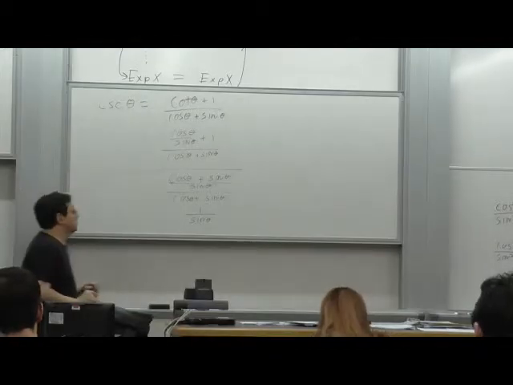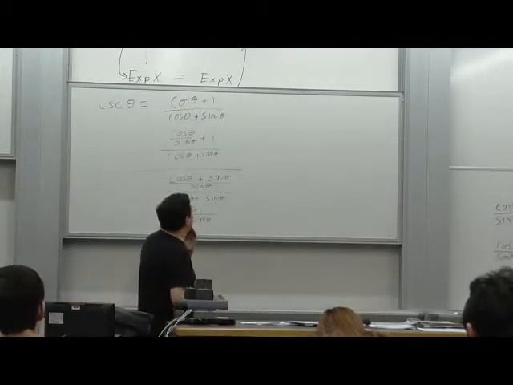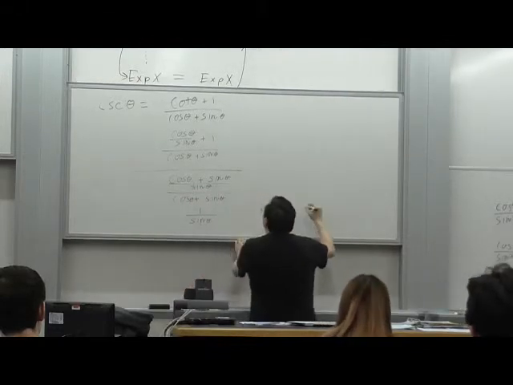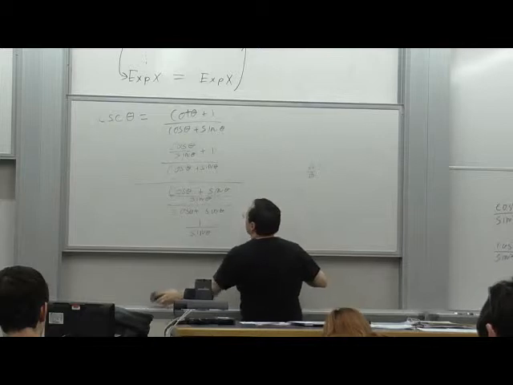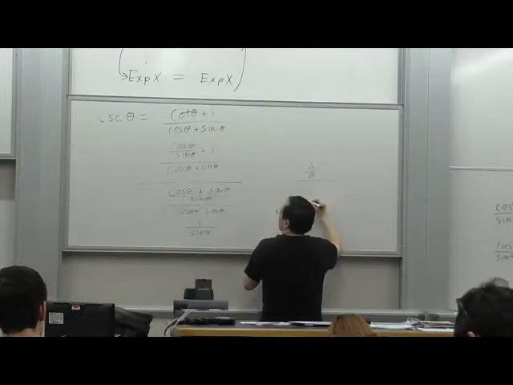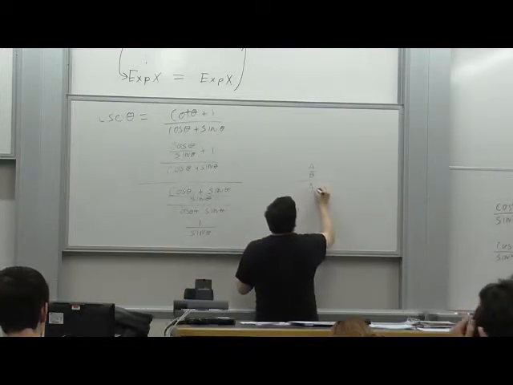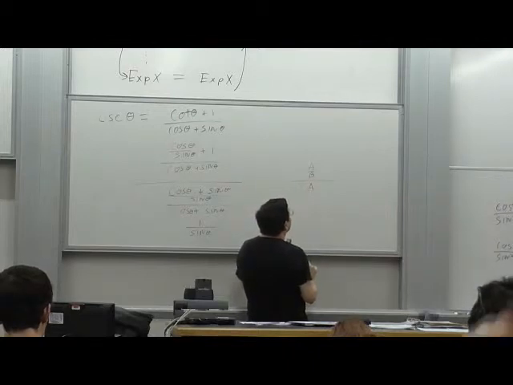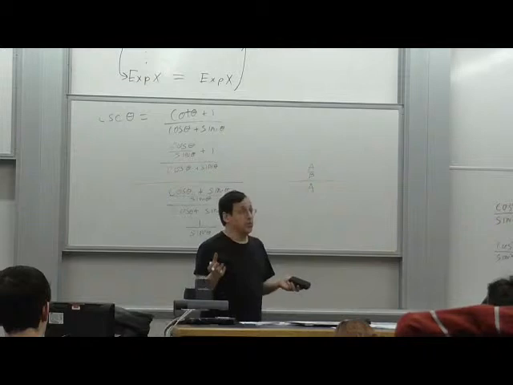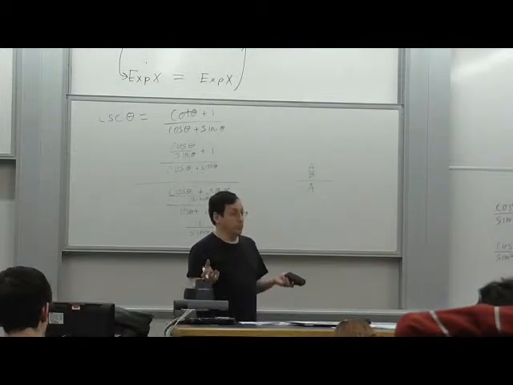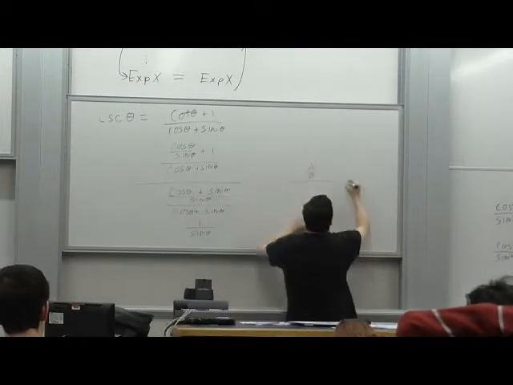Wait, my algebra's pretty rusty. So I've got A over B, all over A. To divide by something, you multiply by its reciprocal.